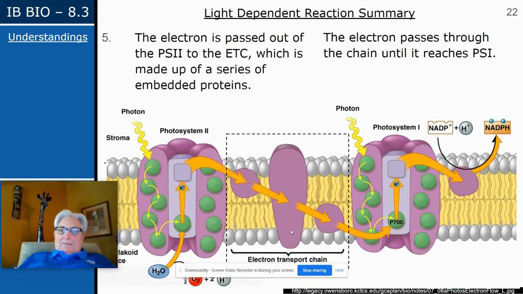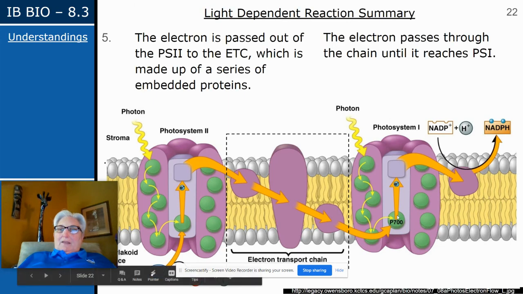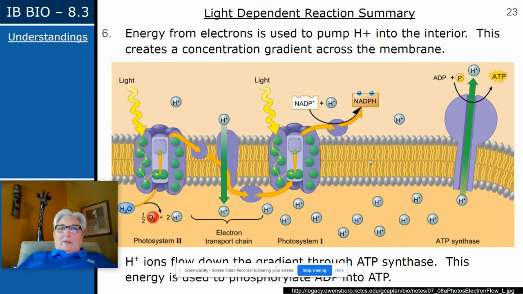And again, these are our embedded proteins here, and the electrons move from embedded protein to embedded protein until they reach our second photosystem, which is actually photosystem 1. Again, we need more light to come in. Same thing happens in the thylakoids. We get the reaction with the chlorophyll.